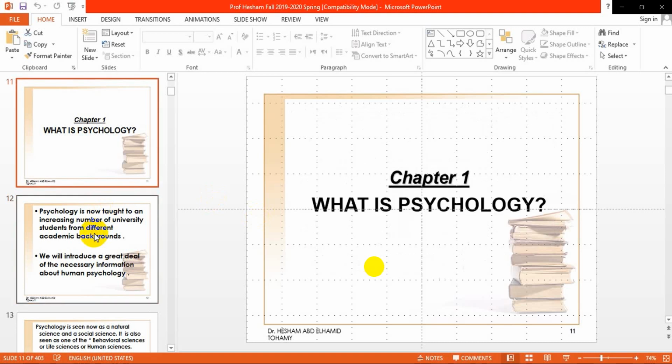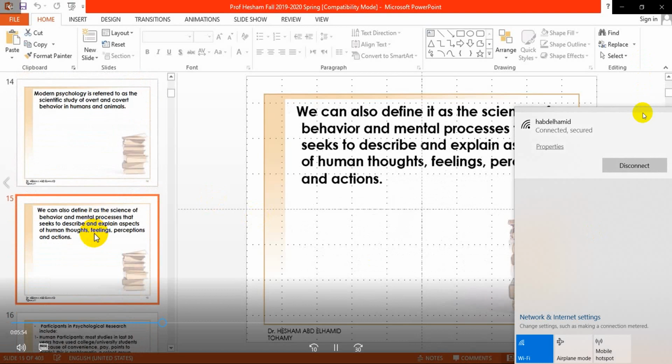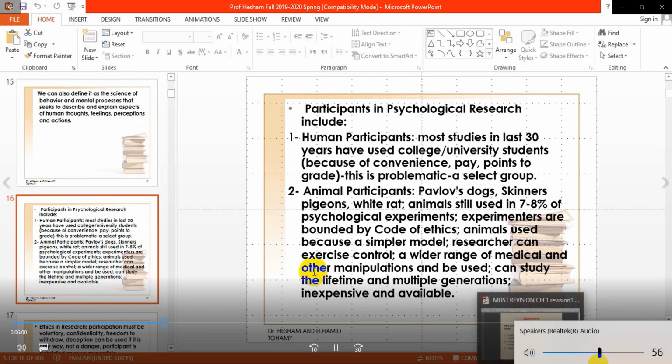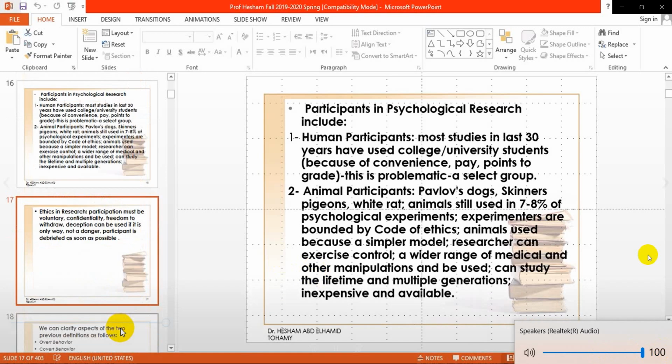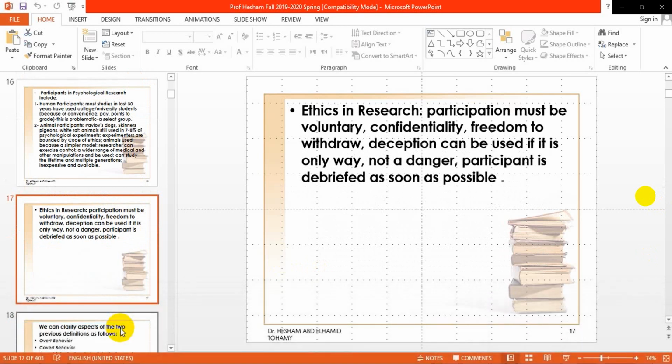In chapter 1, while we are defining psychology, we have already talked about some ethics in psychological research, which include many rules and codes, referred to as ethical codes or ethics.